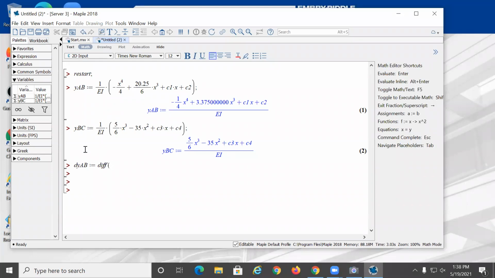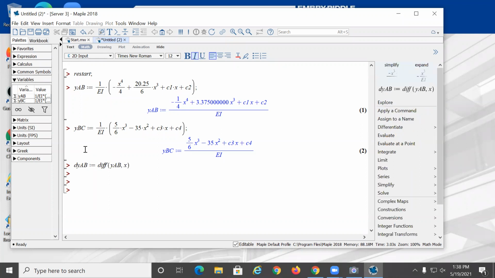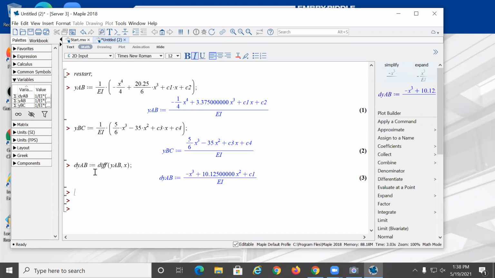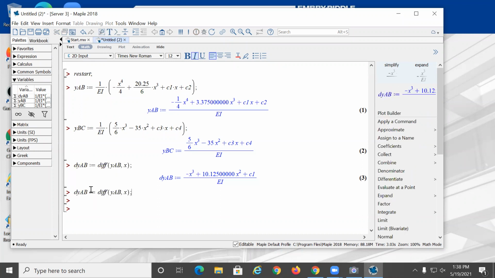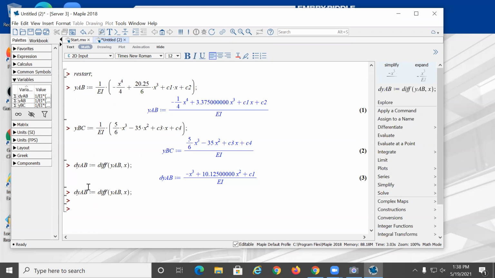Now maybe we can do this of YAB, should get the same thing, comma X. So it should give us the same thing that we had before, and DYBC should be the same thing with these ones.